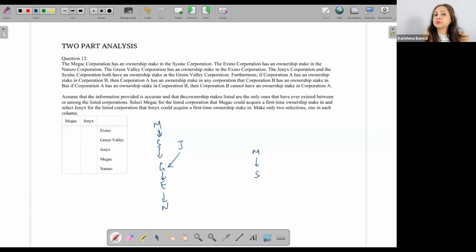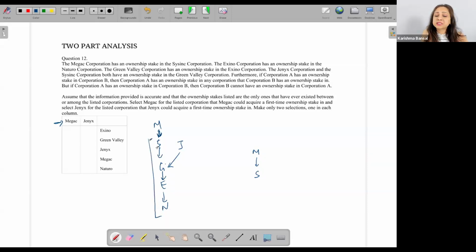Okay, now assume that the information provided is accurate. Select for Megac the listed corporation that Megac could acquire a first-time ownership stake in, and select for Genix the listed corporation that Genix could acquire a first time. So what I need over here for Megac is that corporation where Megac can get a first-time ownership stake. Now, from the relations, I see that Megac Corporation already has ownership stake in all these companies, right?